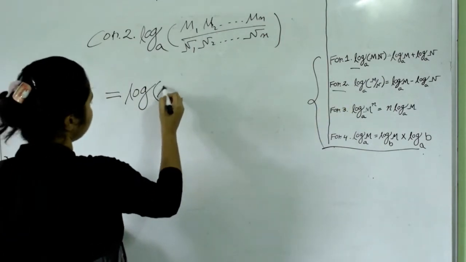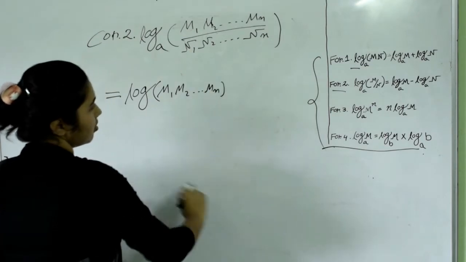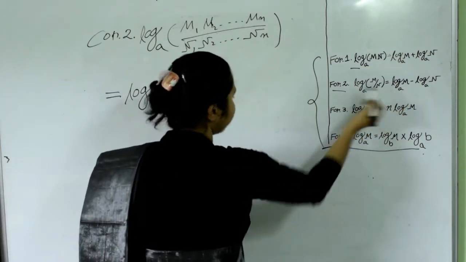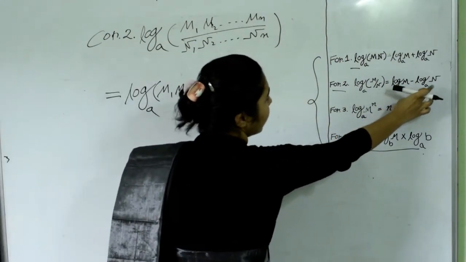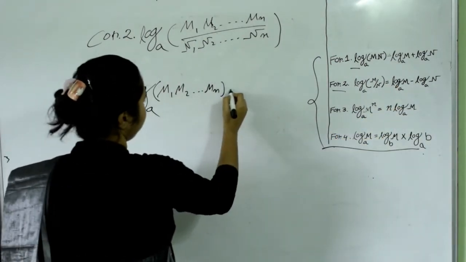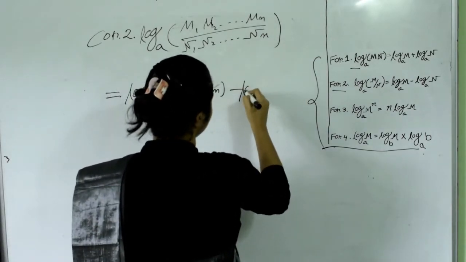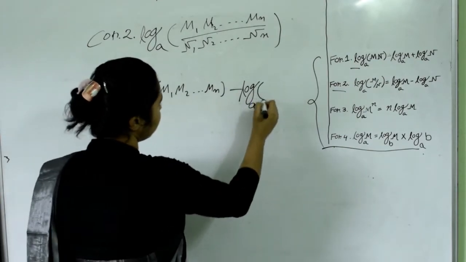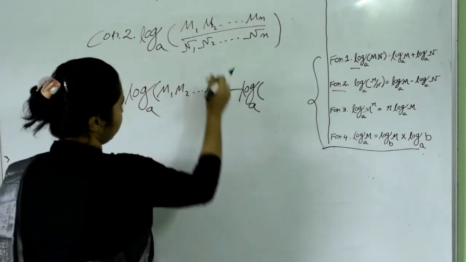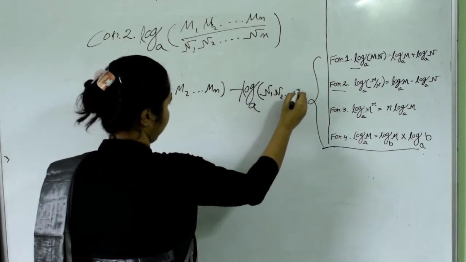So log m1 m2 up to mn as log am with base a minus log an. So minus log, base is a, and this denominator, which is n1 into up to nn.